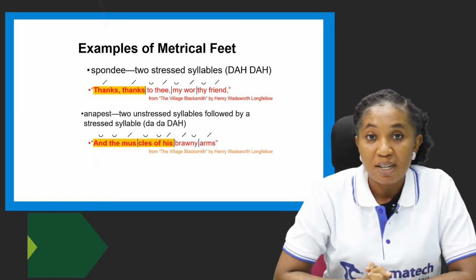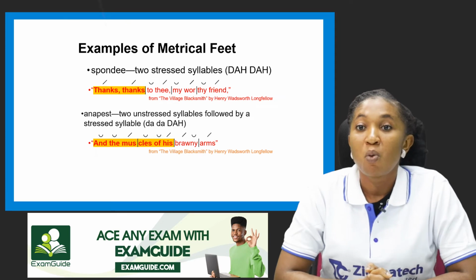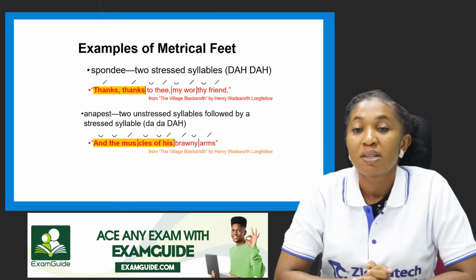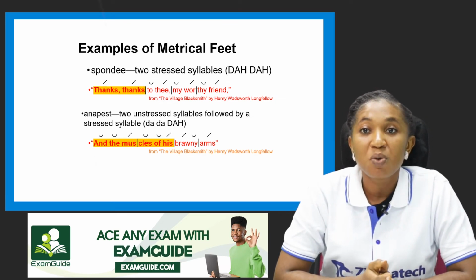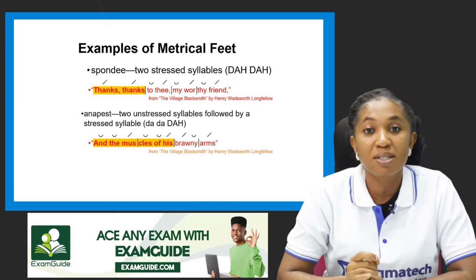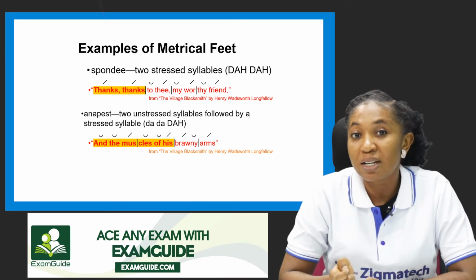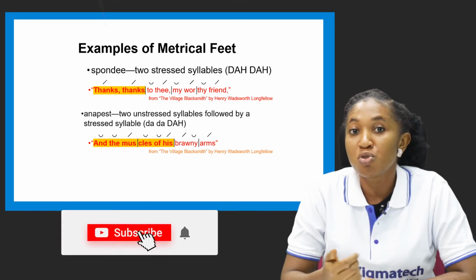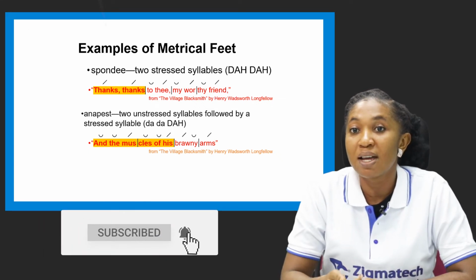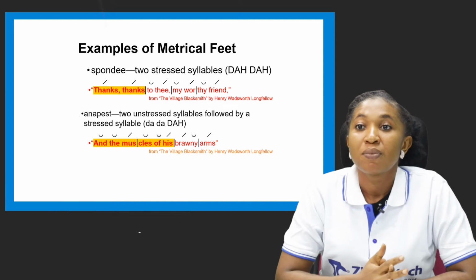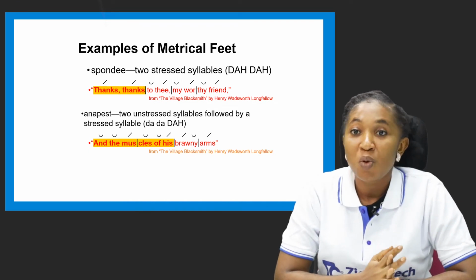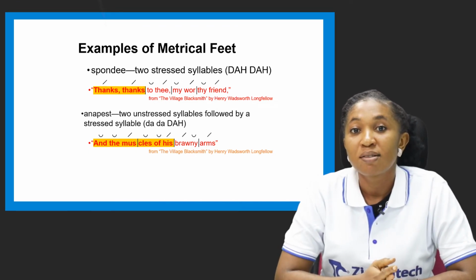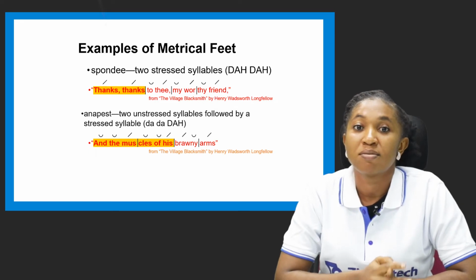Let's look at spondee. What do we mean by spondee? When we talk about spondee, we're looking at 2 stressed syllables in a line of poetry. So what does that mean? We have DUM, DUM.